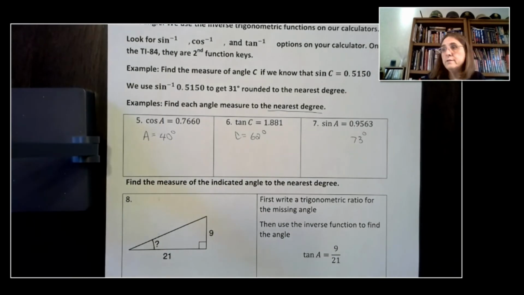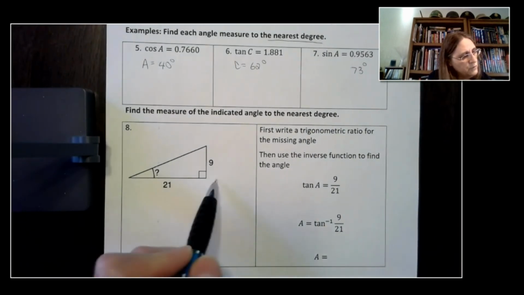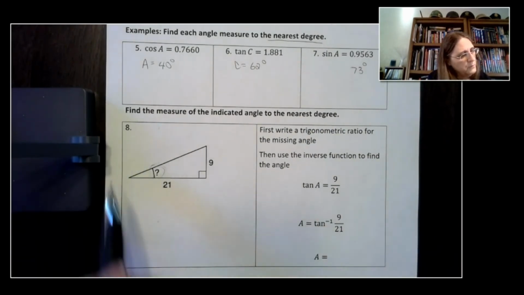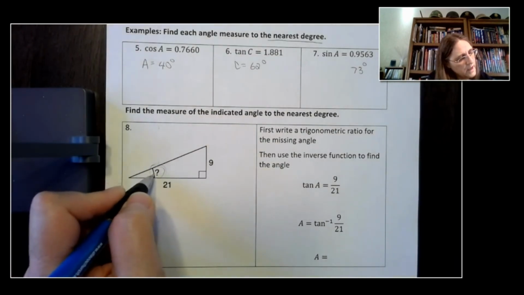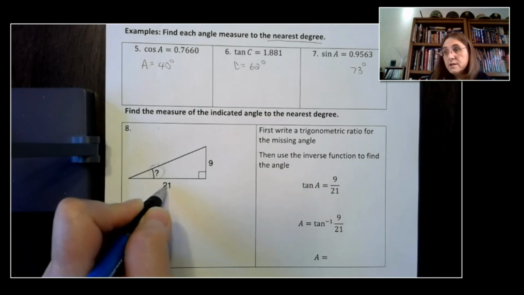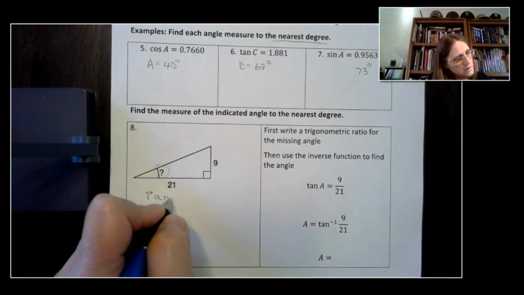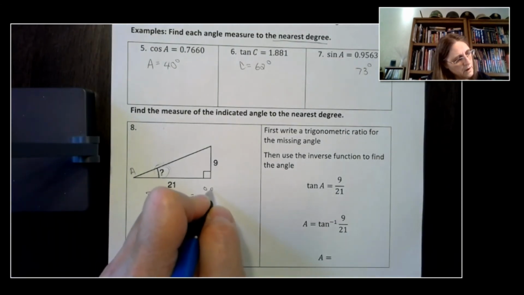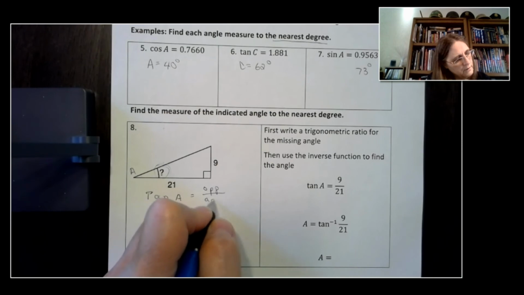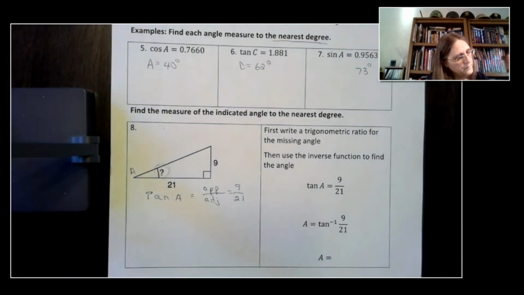Okay, and in number 8, our next example, we want to find the measure of the indicated angle to the nearest degree. So we have a triangle. We want to find what this measure is. So as I look at this angle, we have the opposite and the adjacent, and I know that the tangent of an angle, we'll call it A, is equal to the opposite leg over the adjacent leg. So in this case, it's 9 over 21.